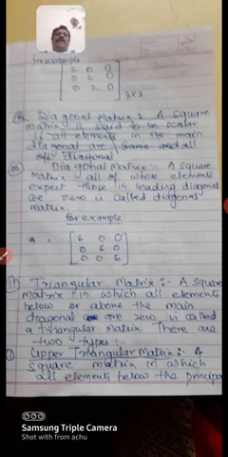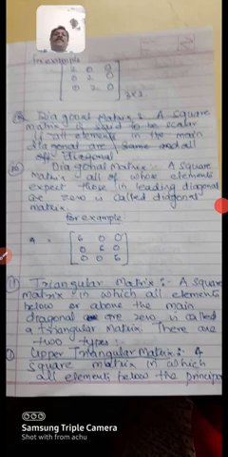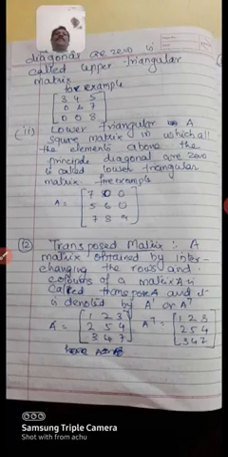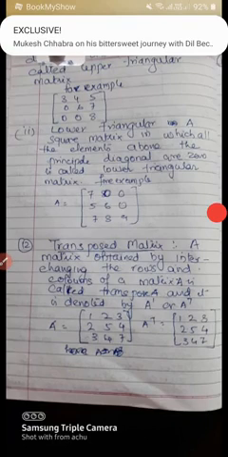Triangular matrix. A square matrix in which all the elements below or above the main diagonal are 0 is called a triangular matrix. There are two types of triangular matrix. Upper triangular matrix. A square matrix in which all the elements below the principal diagonal are 0 is called an upper triangular matrix.